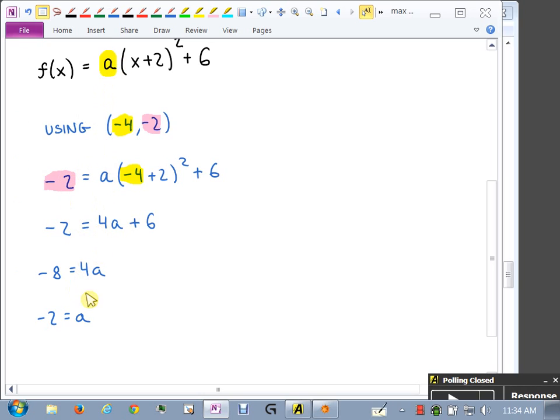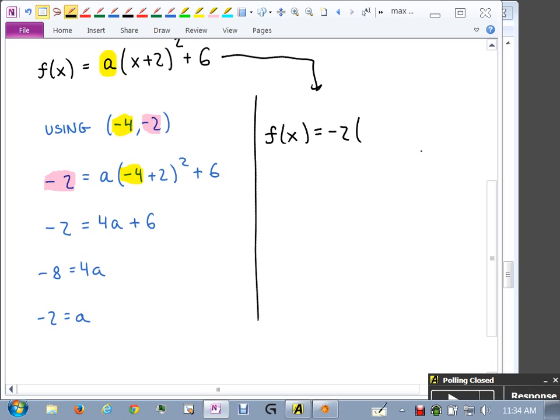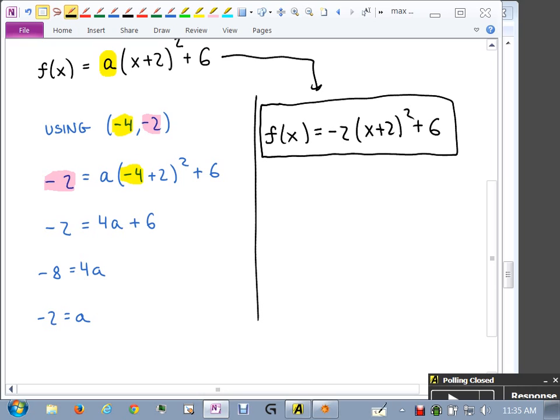We used this point to recover what a is. And now I can write the actual function. So my final answer is, I'm taking this line right here, f of x must equal the a we just found, negative 2, then (x plus 2) squared plus 6. There we go.